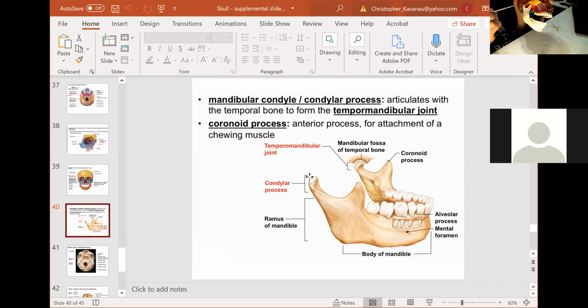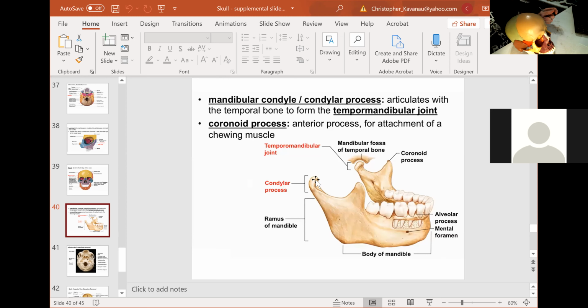This is called the mandibular condyle. It's a knob-shaped structure, and it's part of the jaw joint. The jaw joint is called the TMJ, or the temporomandibular joint. It's a synovial joint, which secretes synovial fluid, like a lubricant. That condyle is sometimes also called the condylar process.